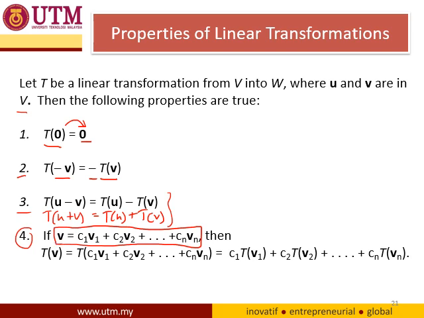So if you transform, you can have the transformation of each of v1, v2, until vn with the scalars. So the transformation will be c1 T(v1), c2 T(v2), until cn T(vn). Okay, this is the property of linear transformation that is based on the linear combination that we have learned in chapter 2.